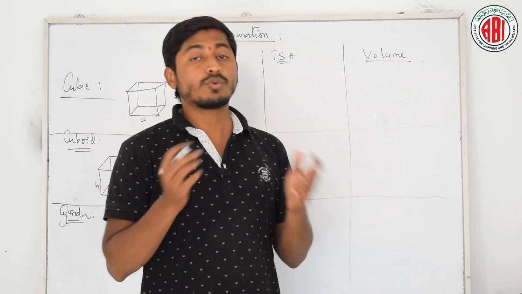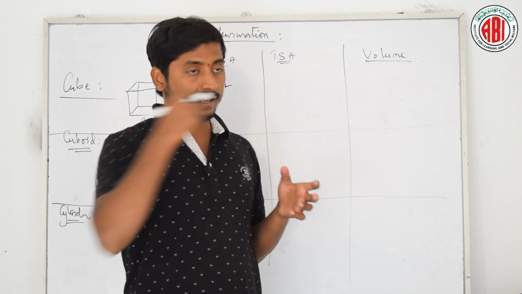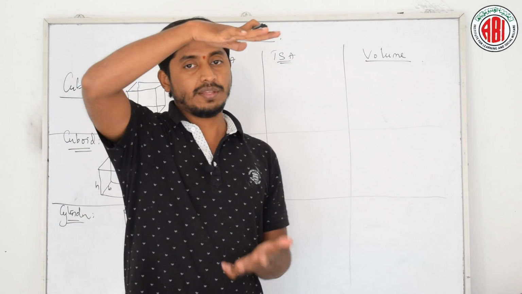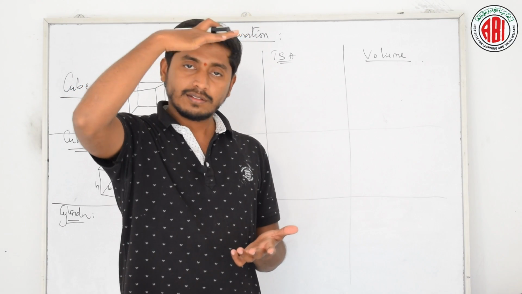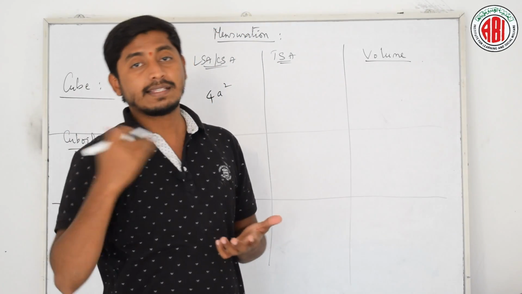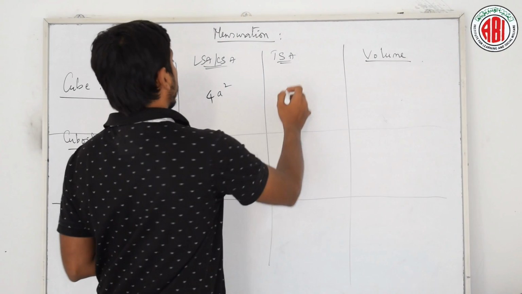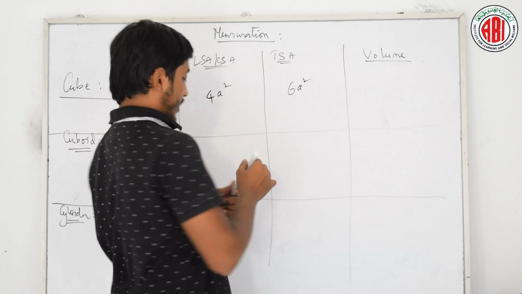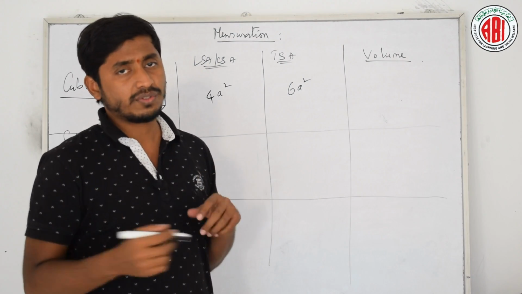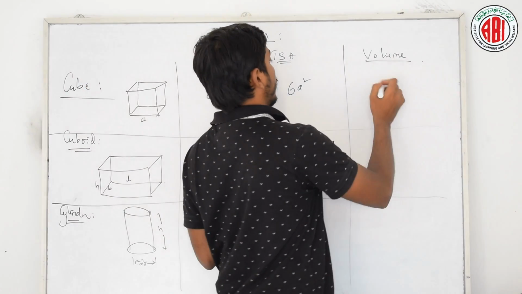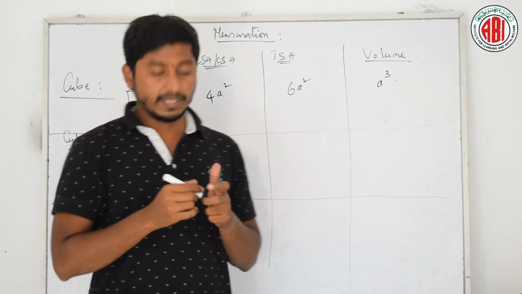TSA means total surface area, including the lateral surface area, I have to add the top and the bottom. These are also squares, which means I will get a total of 6 surfaces. Therefore, this will become 6a square. Volume means obviously side into side into side, that is a cube. Is it clear?